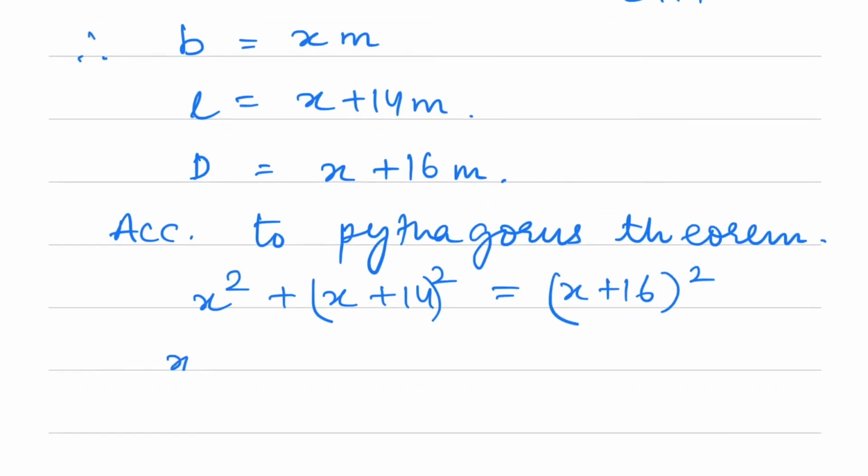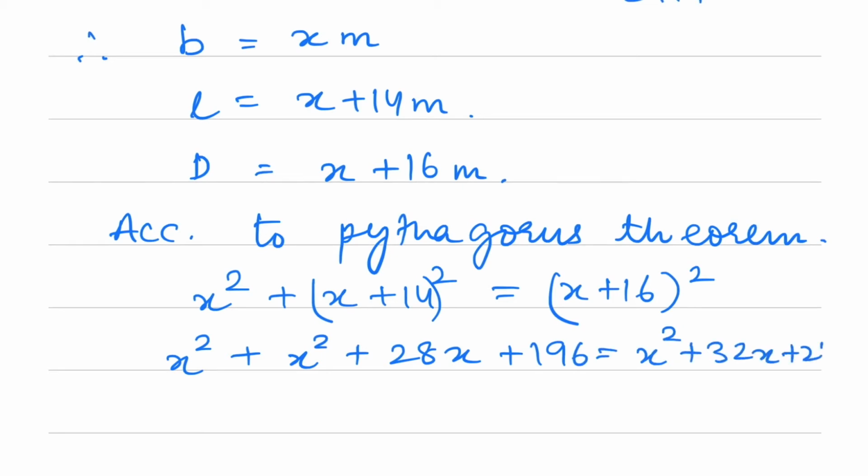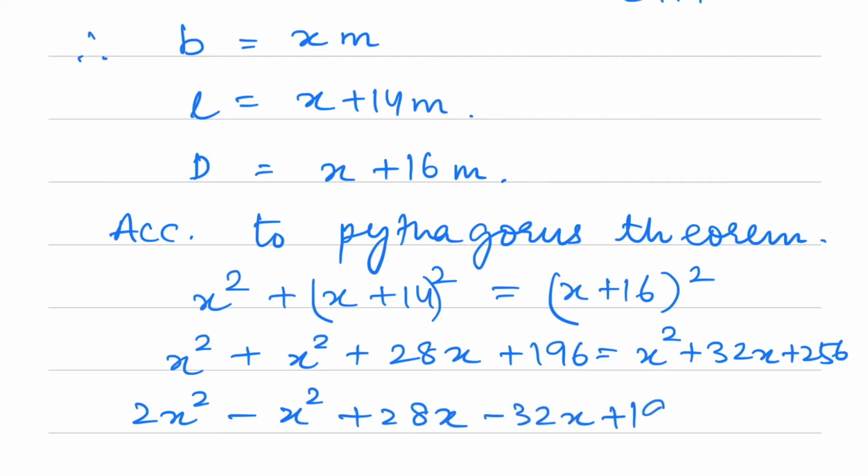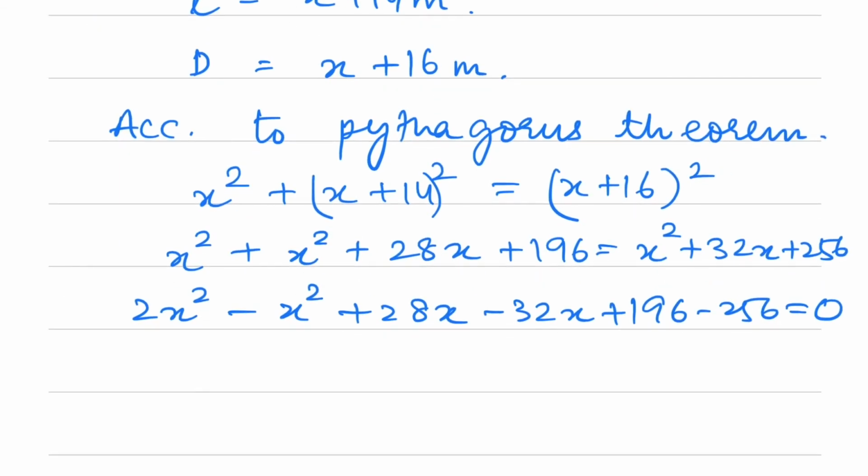So we have x square plus 28x plus 196 is equal to x square plus 32x plus 256. So here we have 2x square minus x square plus 28x minus 32x plus 196 minus 256 is equal to 0. Then we have x square minus 4x minus 60 is equal to 0.